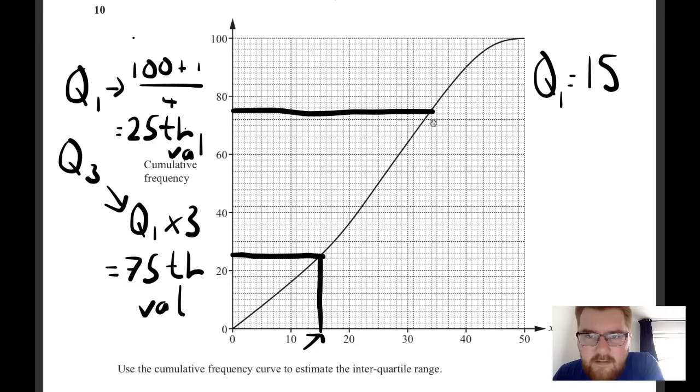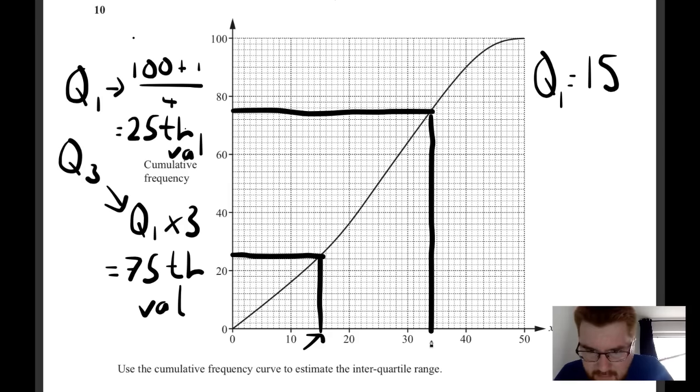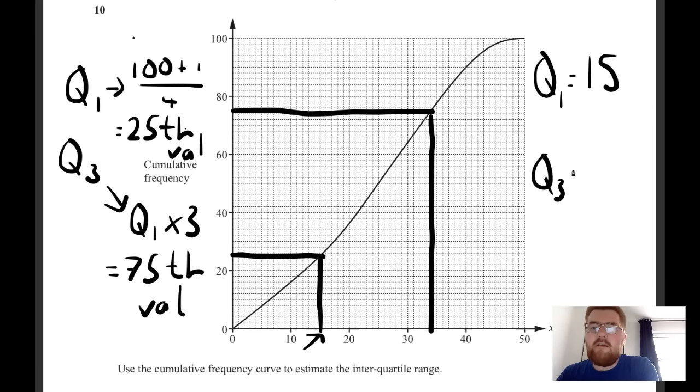There we are. And then we read down from that line there. You can probably do this better without a computer actually. And then we read off that line, 31, 32, 33, 34. So Q3 will be 34.